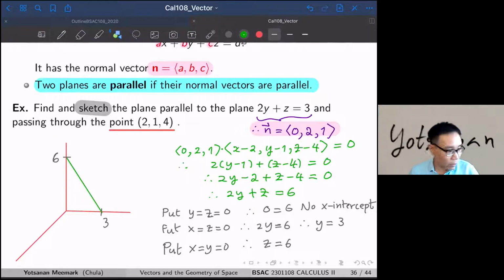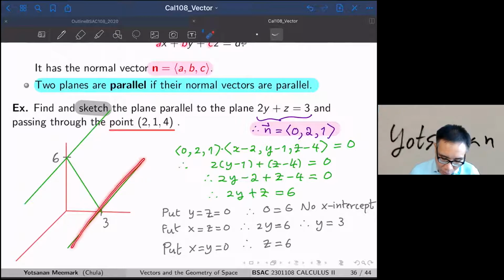I need a ruler. So I need a line parallel with the x-axis, so I'm going to try to draw it. Here you have the guideline, which is the line here, and these two lines will be parallel with the x-axis because x can be anything, so you can vary x.